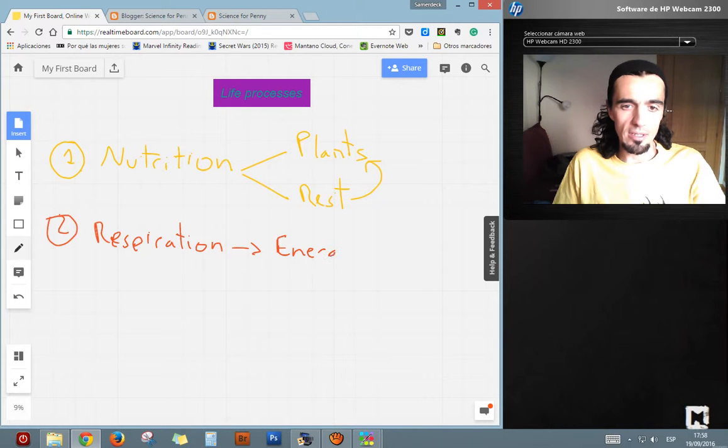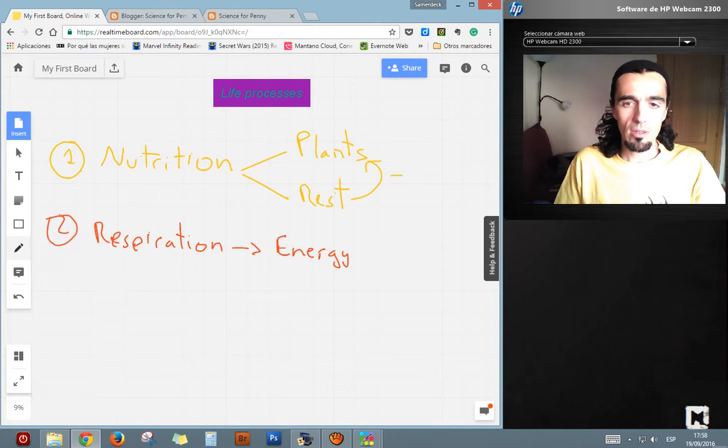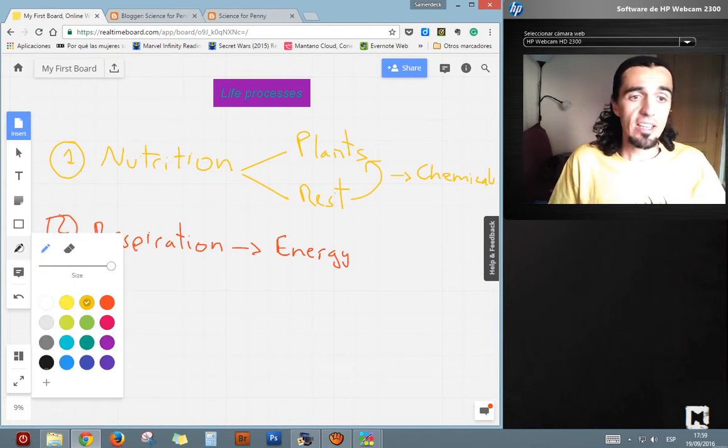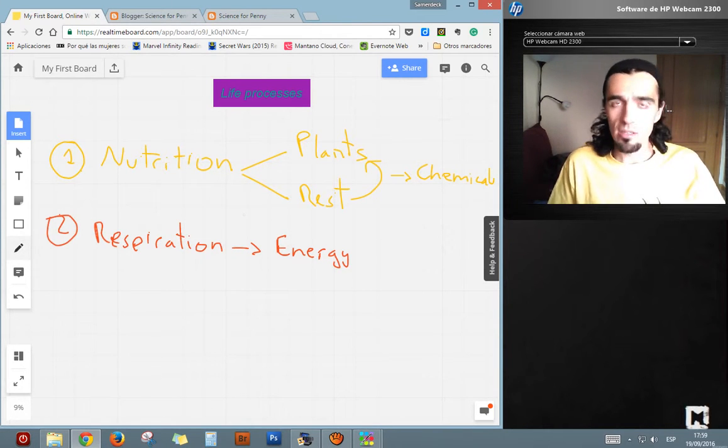Whereas from nutrition we get, remember, chemicals. In respiration we get the energy we need for all the different processes, to make our living.